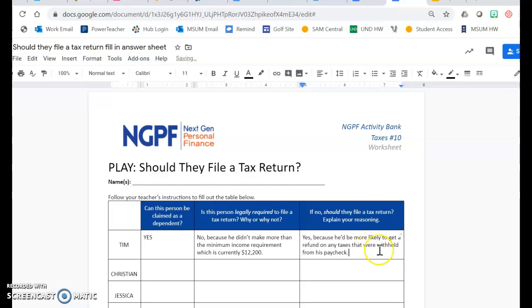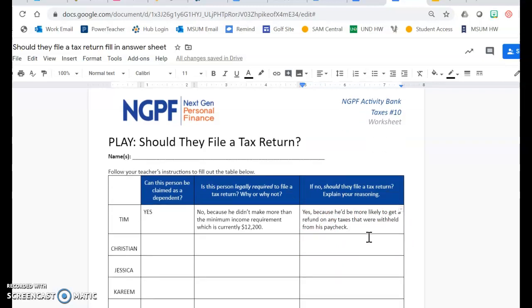Unless when he filled out his W-4 he put exempt, but most people don't, so it would be good for him to file a tax return because he'd most likely get money back. It doesn't hurt to file a tax return, and it's generally pretty simple, and we're going to talk about how to actually file a tax return in a few lessons.